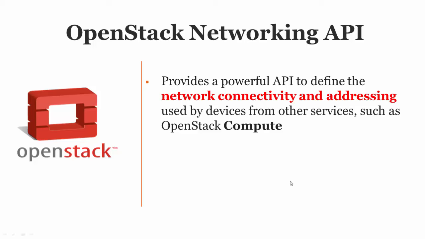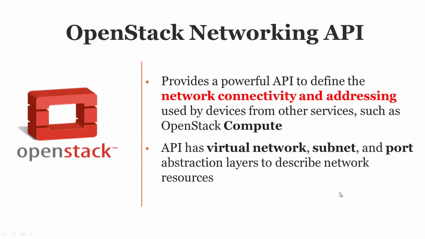I already told you the definition of Neutron the first time: Neutron needs to provide network service. Then this network connectivity and IP addressing need to be provided to which one? The compute service, like Nova. Only for this purpose can we use the network API.